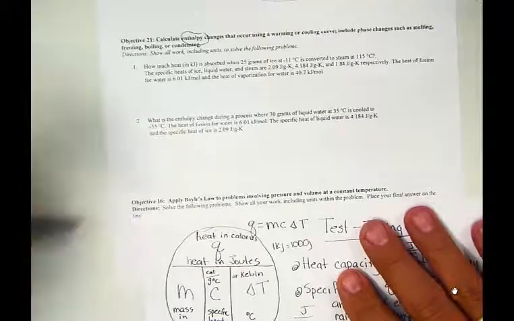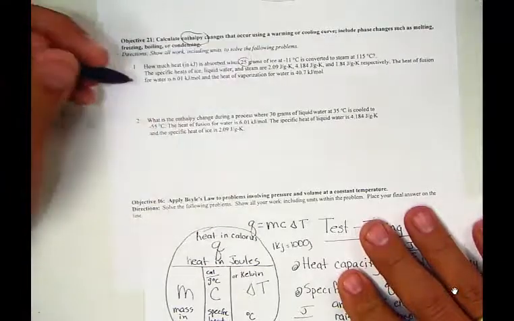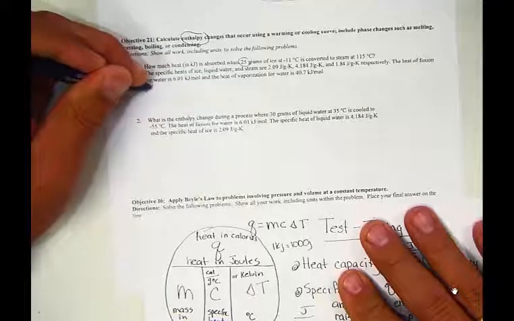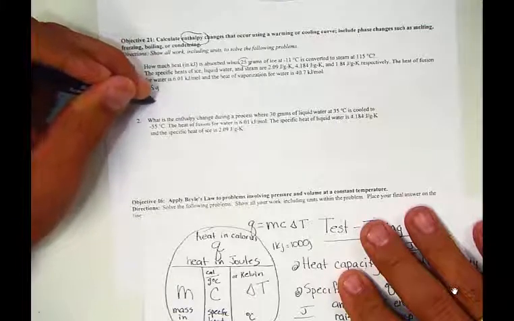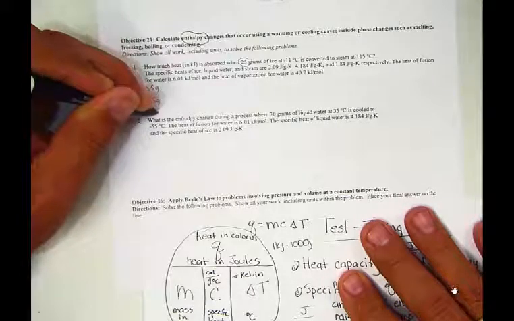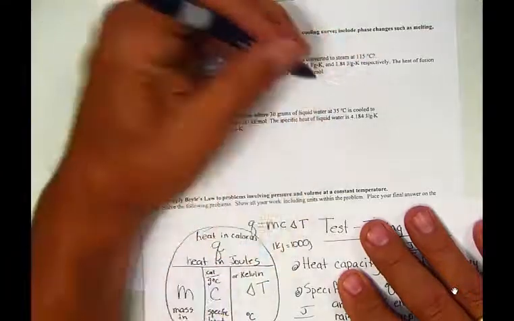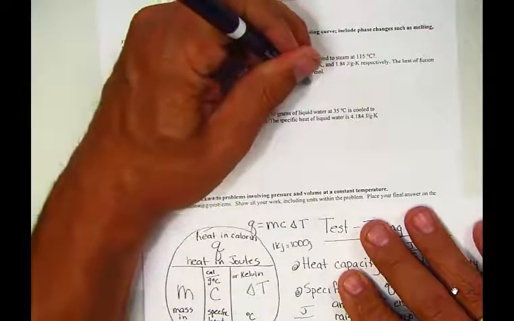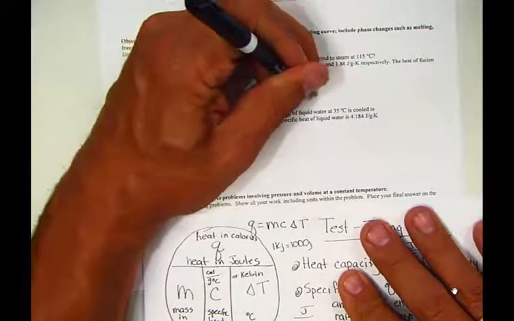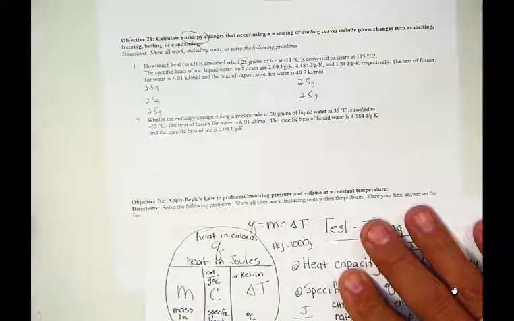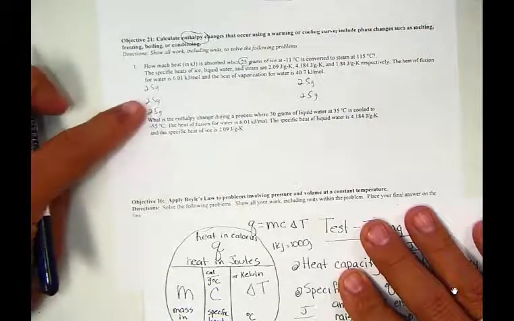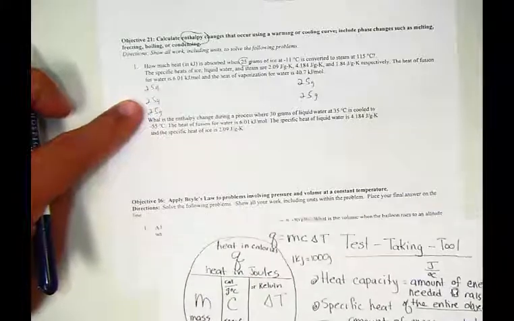So I know that I'm going to have 5 different segments. I also know that I'm dealing with 25 grams each time. So I'm going to write 25 grams, 25 grams, 25 grams, skipping over where I have more room, 25 grams and 25 grams. I'm going to have 5 different segments that I'm going to have to add up all the heat for each one of those.